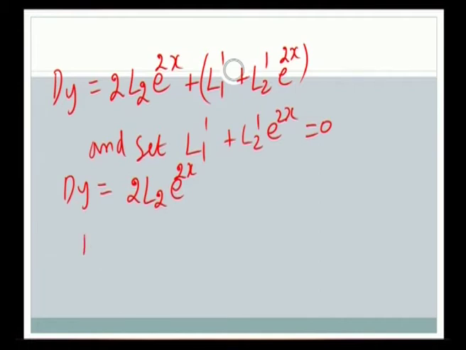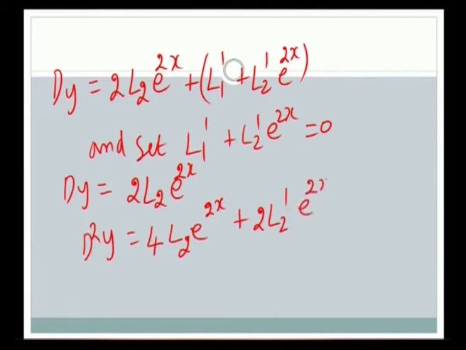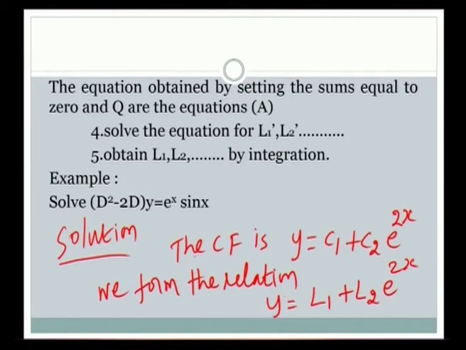So, d square y is equal to 4 L2 e power 2x plus 2 L2 prime e power 2x, and we set this 2 L2 prime e power 2x equal to Q. The value of Q in this equation is e power x sin x.